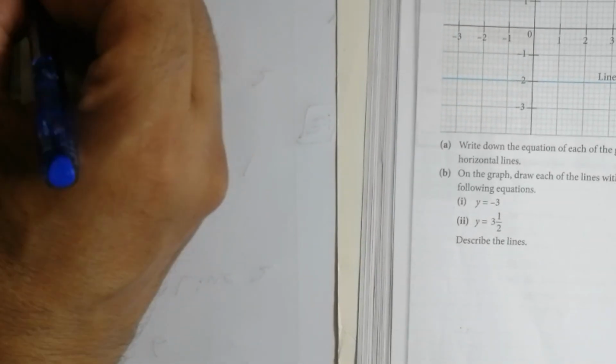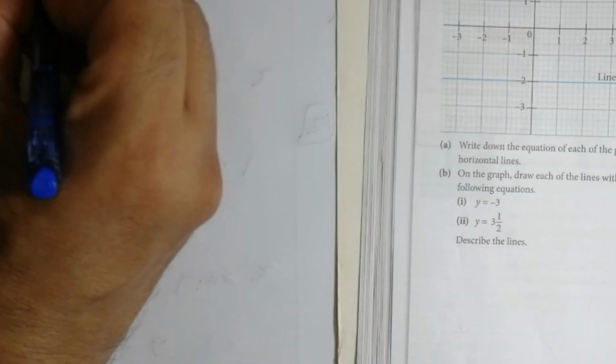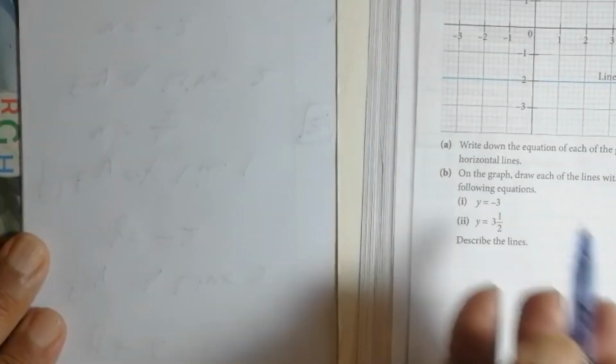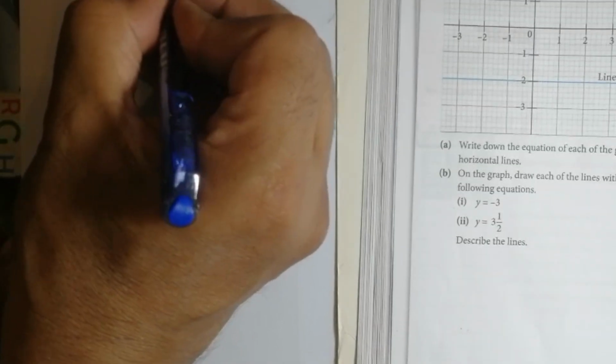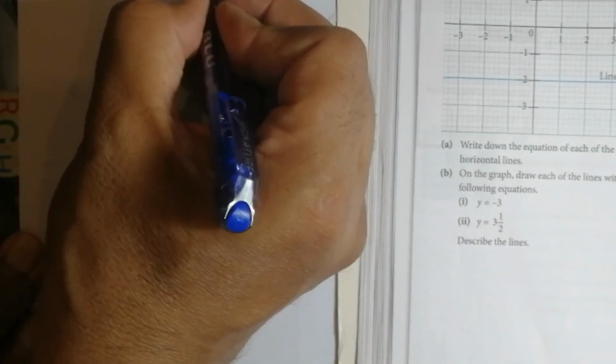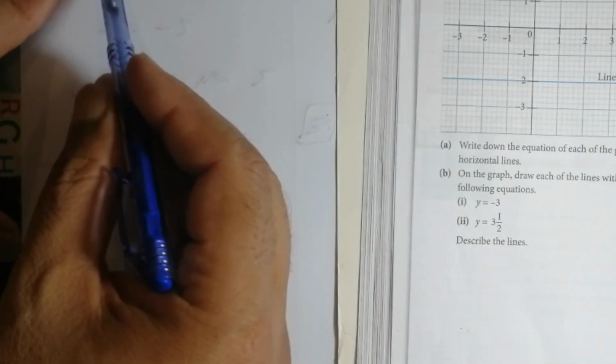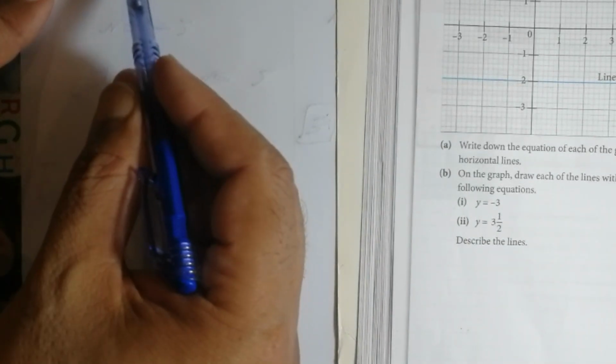So question number 3. Let's start from the beginning: y minus 2x equal to minus 1. Before, I started by writing the gradient, but please forget the gradient. Now we will solve these questions in another way.